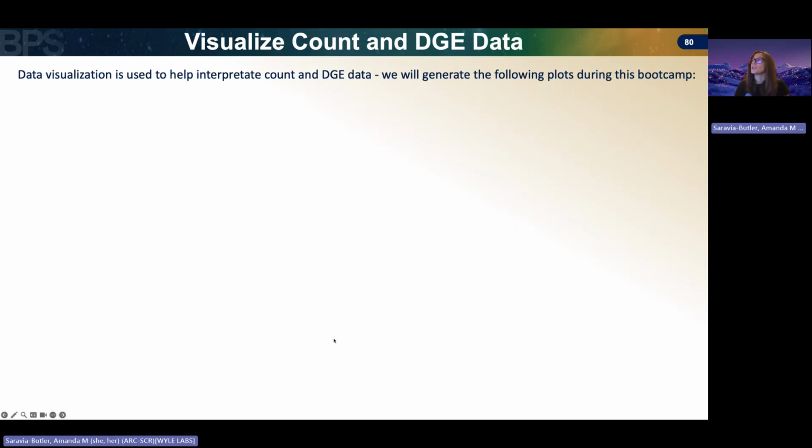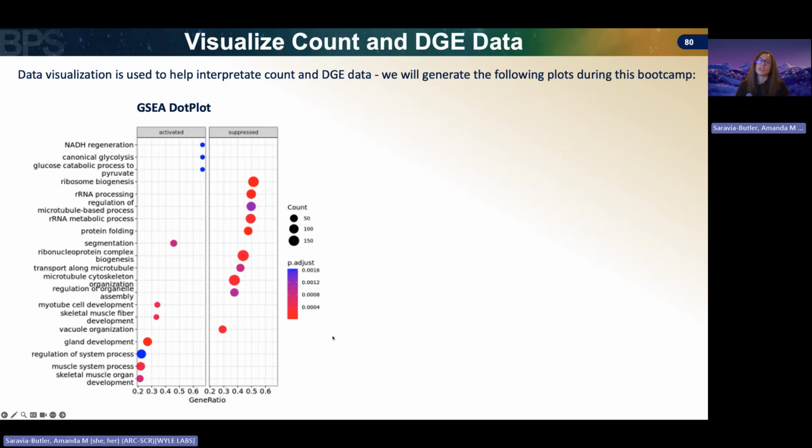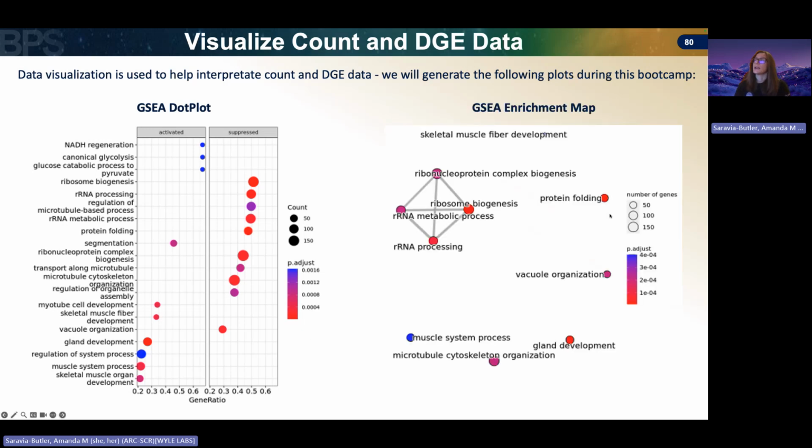And then we are also going to perform a gene set enrichment analysis, seeing if different gene sets are enriched in our flight versus ground control comparison, which is what we're going to be doing in the hands-on. Then we're going to visualize that using a dot plot and also by generating a gene set enrichment map. If these are unfamiliar to you, the next lecture is going to cover this in detail.